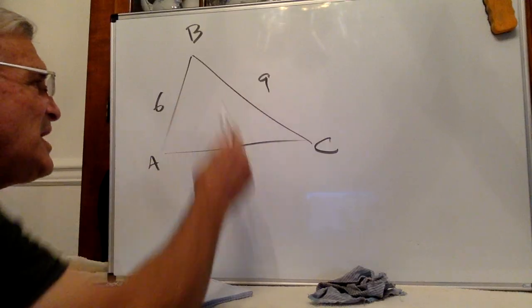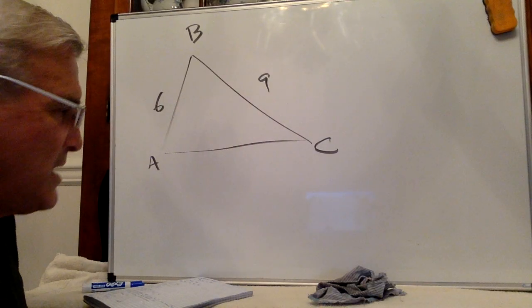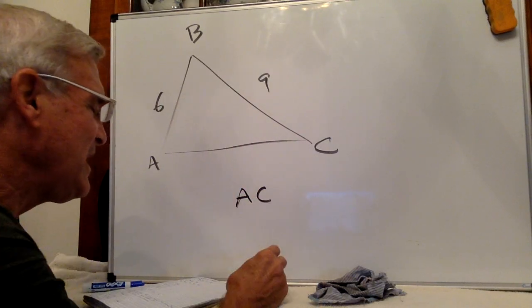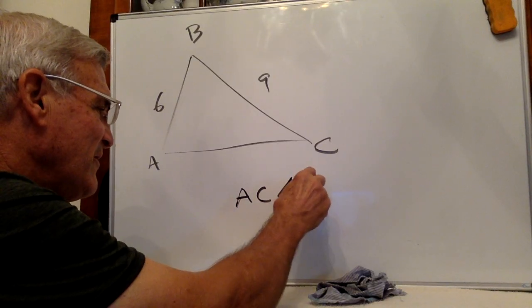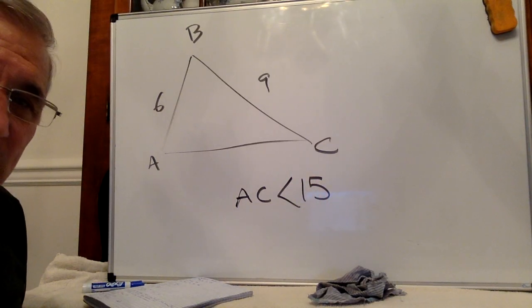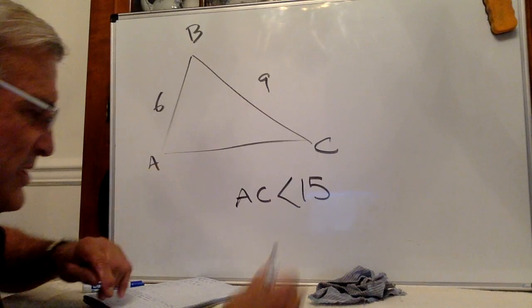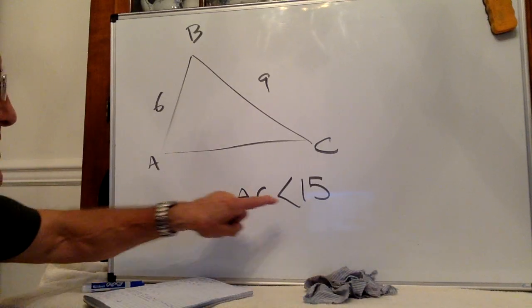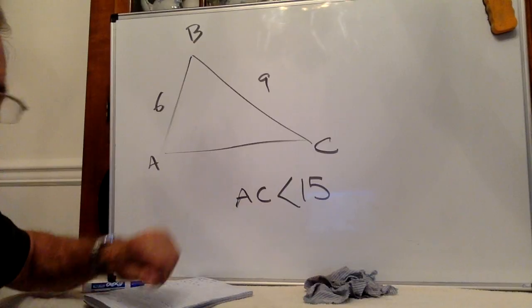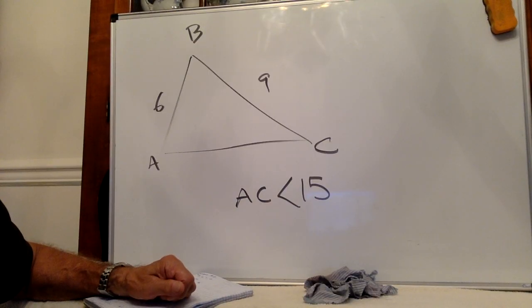So 6 plus 9 is 15. Therefore, AC has to be less than 15. The sum of any two sides, 15, has to be greater than the third side.